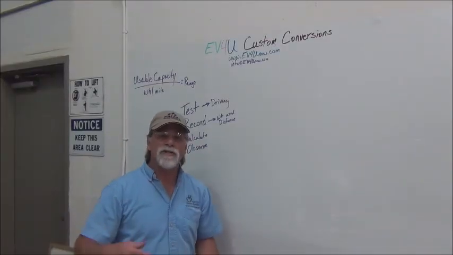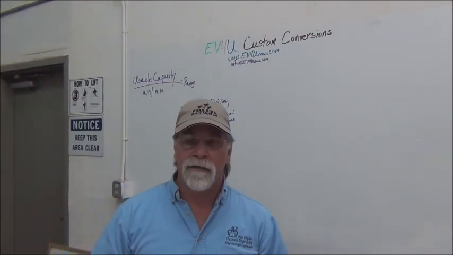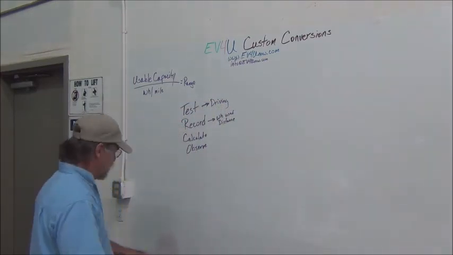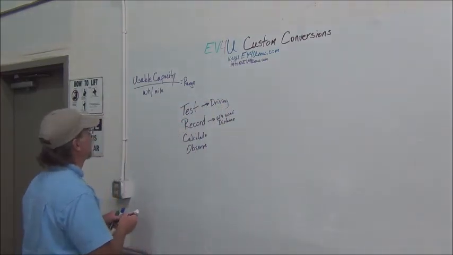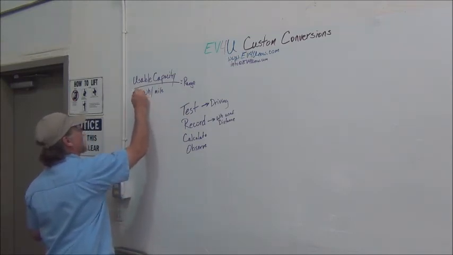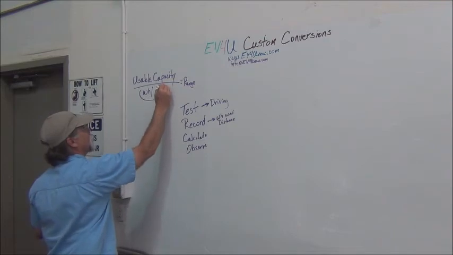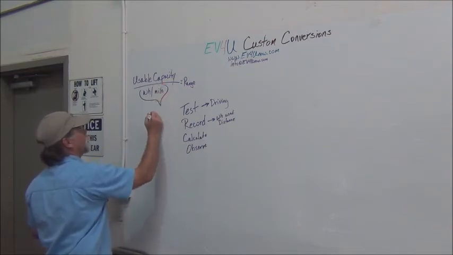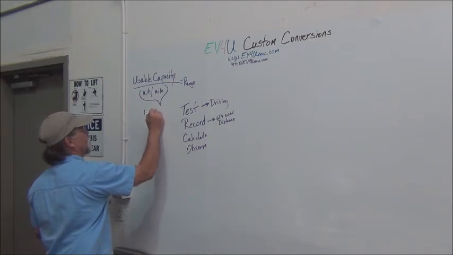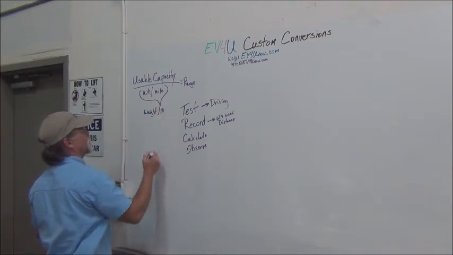People ask, well, where did you come up with the 10? You know, for figuring the watt hours per mile. Right here. The watt hours per mile is the weight divided by 10.